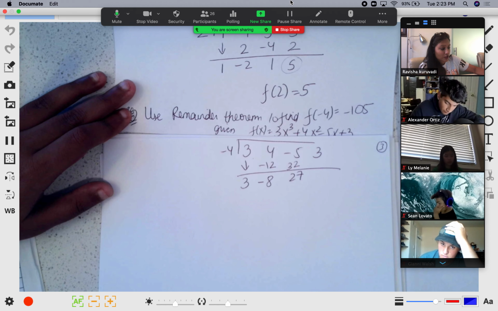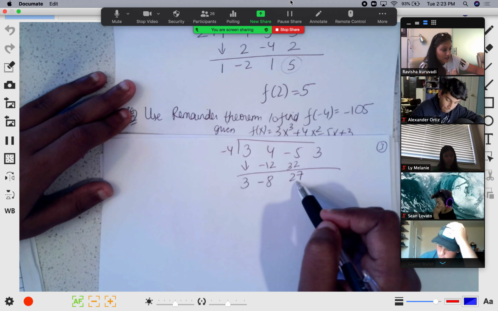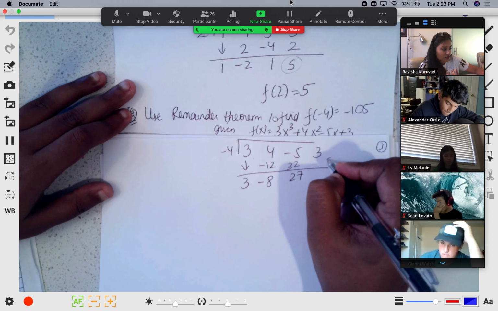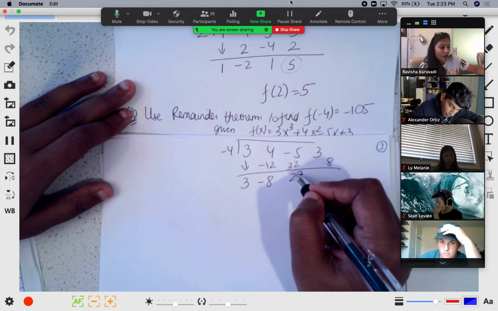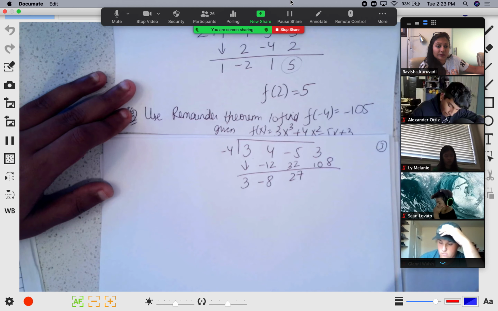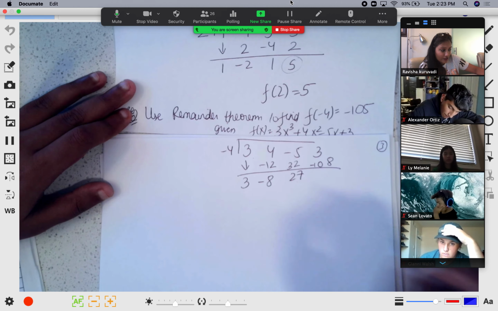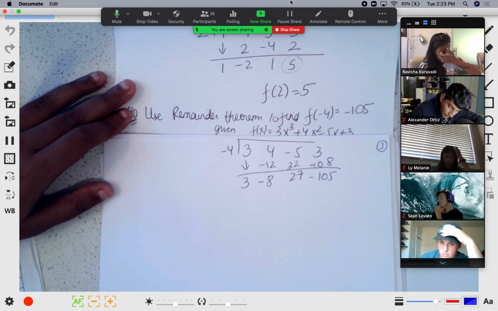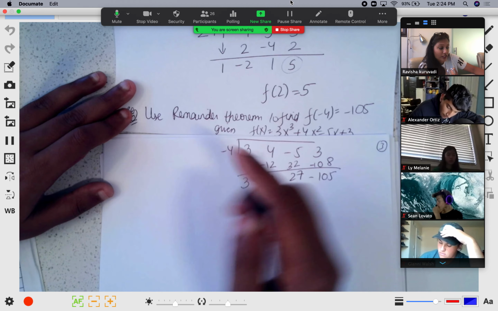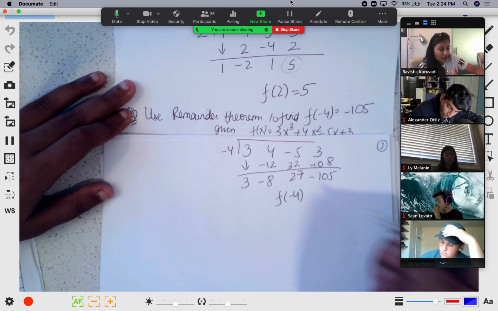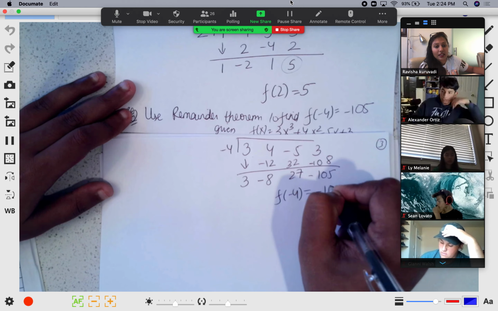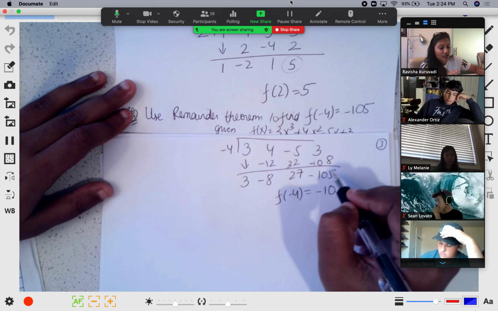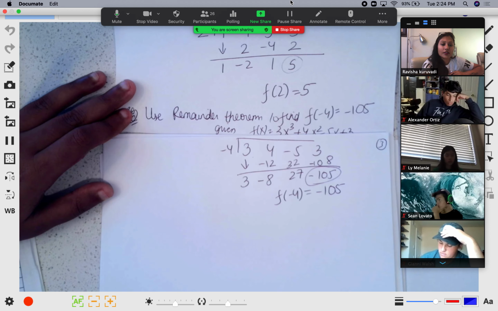And then multiply 27 times 4 is, let's see, 108, negative 108. And then you add, you will get negative 105. Note, I was asking you f of negative 4, that's what the question asked you. So your final answer is just whatever remainder you get at the end. So whatever is the last term here, that will be your answer.